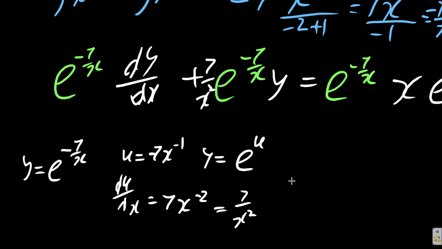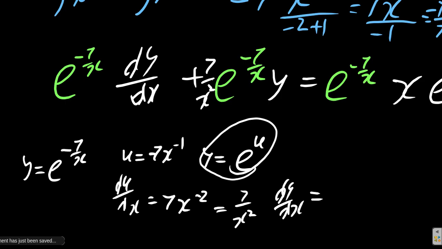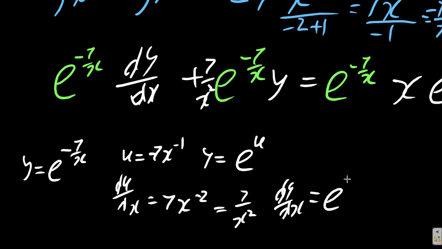So here, dy by dx would be dy by du times du by dx. If we differentiate this to find dy by du, we get e to the u times du by dx, which is 7 over x squared. And u was negative 7 over x.